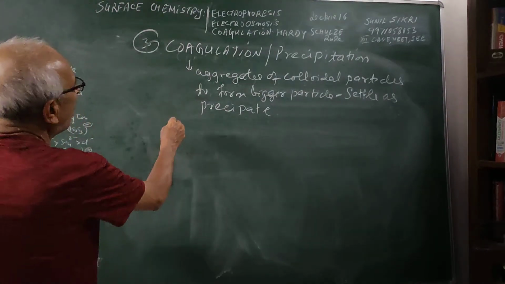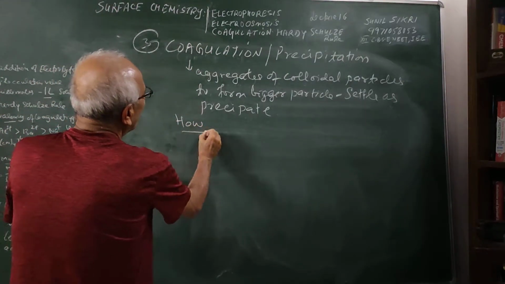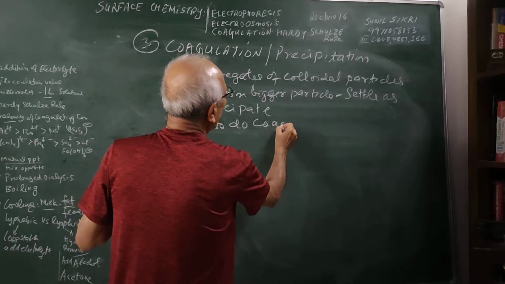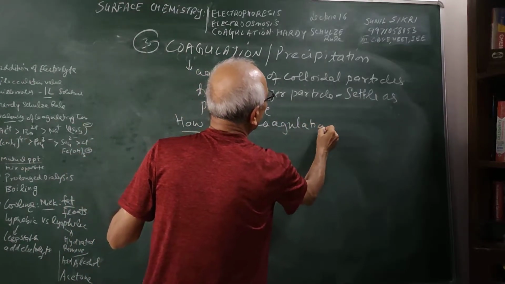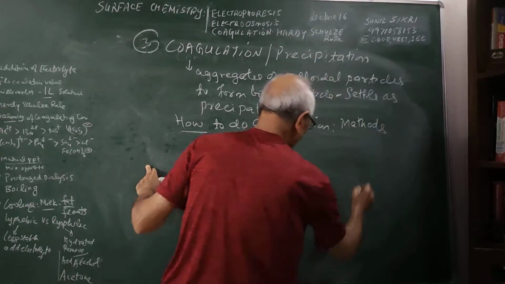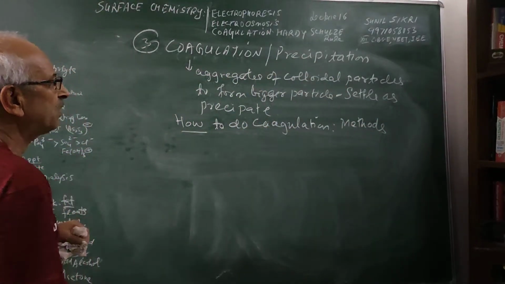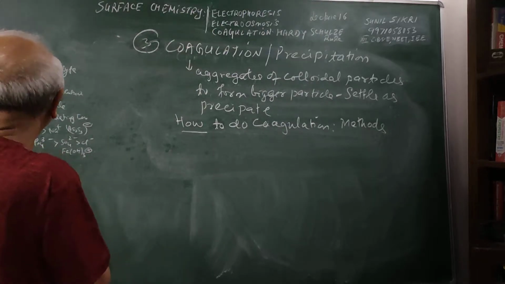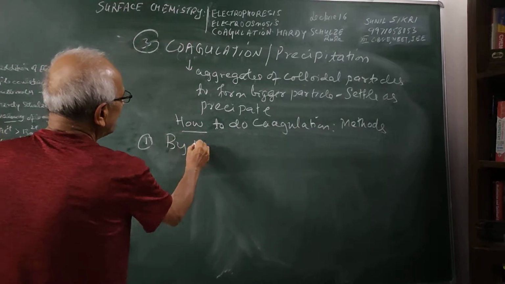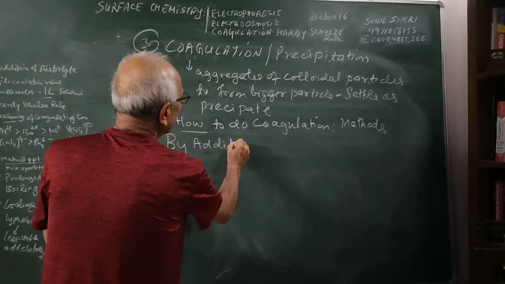The question is, how to do coagulation, or what are the different methods for coagulation. So we have to learn the methods which will be there for coagulation. The first and the most important method is by addition of electrolyte.